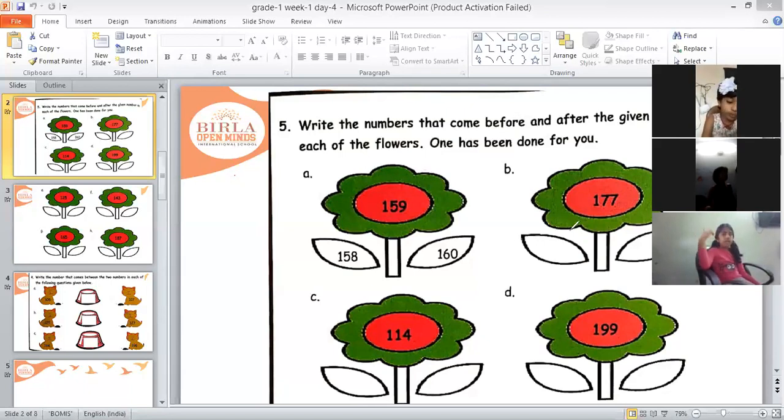So what comes just before 177? 176, and you will write that answer inside this first leaf. You will write the number which comes just before. So 176 comes just before 177.